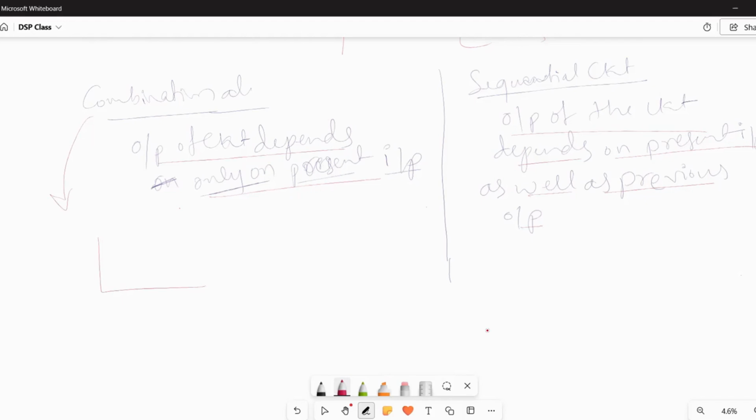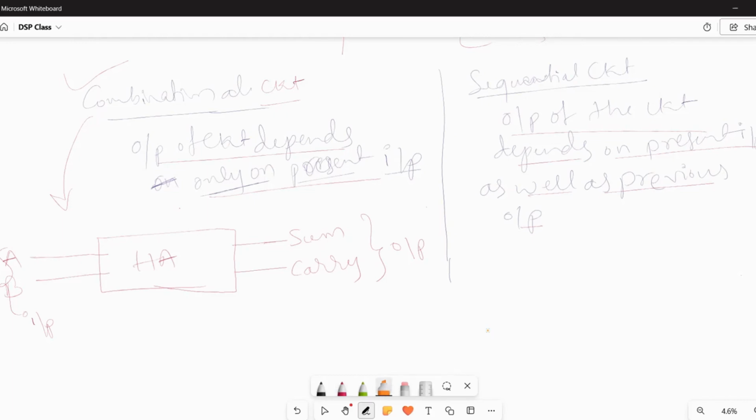In a combinational circuit, let me consider a half adder as an example. These are the two inputs. How many inputs for a half adder? Two. What are the outputs? Sum and carry. A half adder comes under combinational circuits.